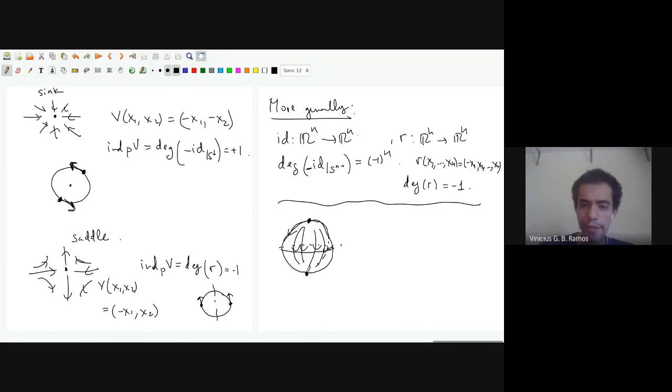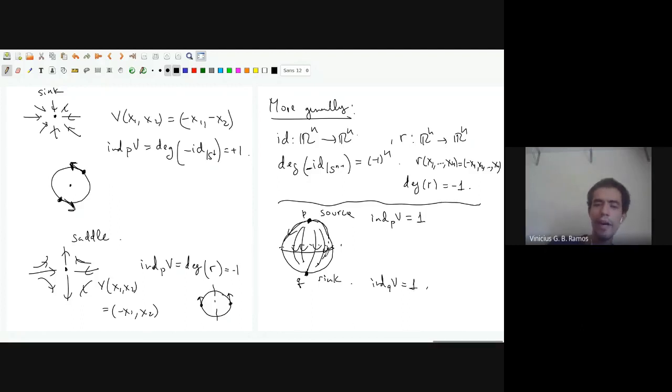And then you see in this case, I have one source and I have one sink. So it's not very hard to compute the indices here. If this is P and this is Q, the index on top is going to be 1, and the index at the bottom is also going to be 1.